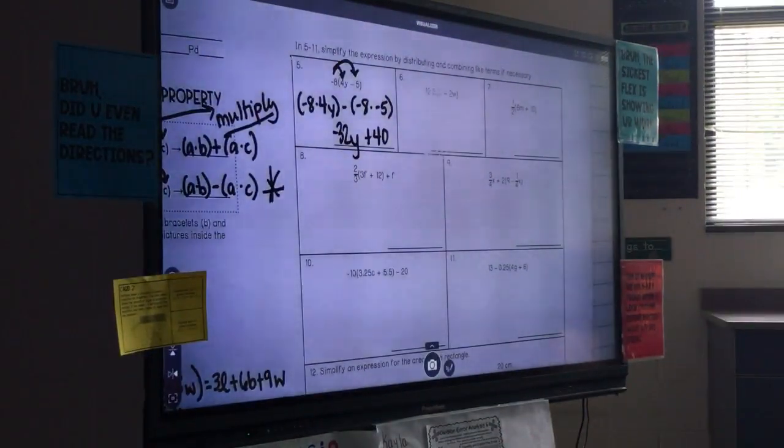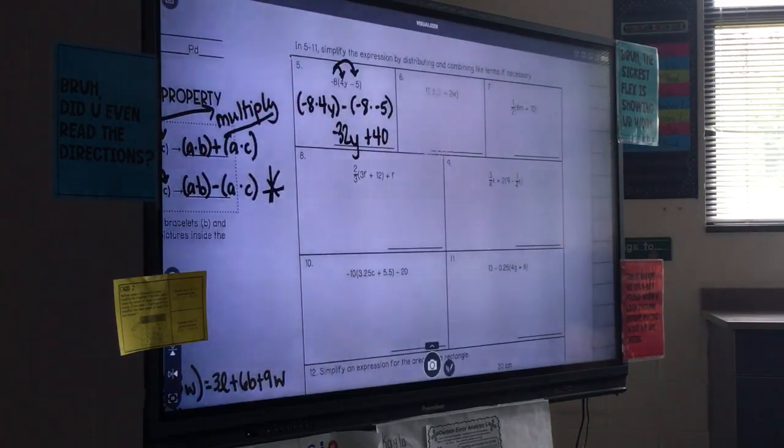If you want to, but think of that as half of 6 and half of 10. So distribute that in.